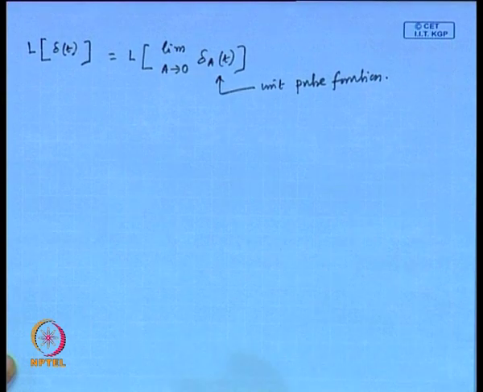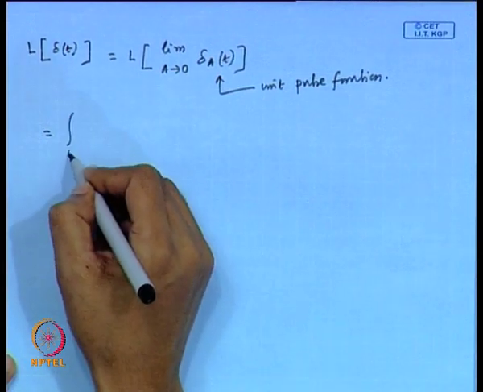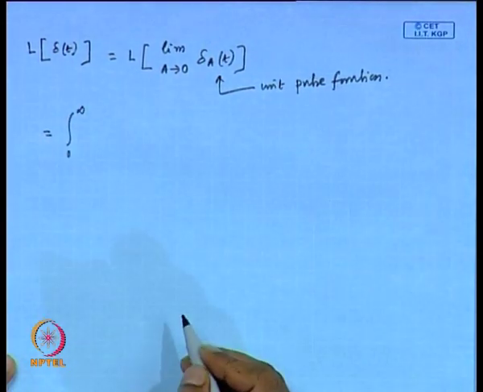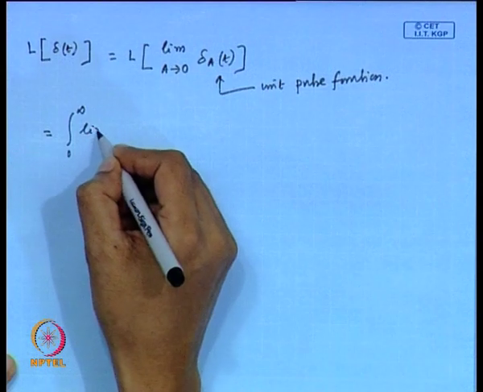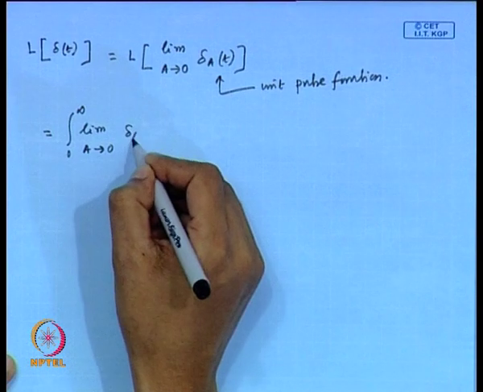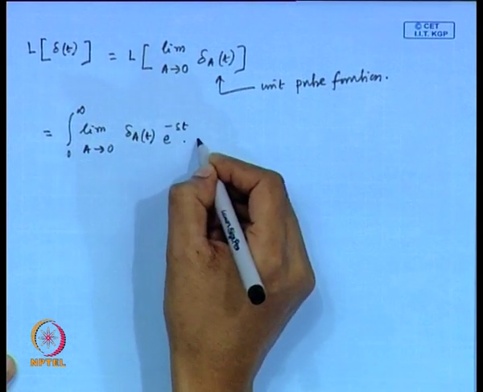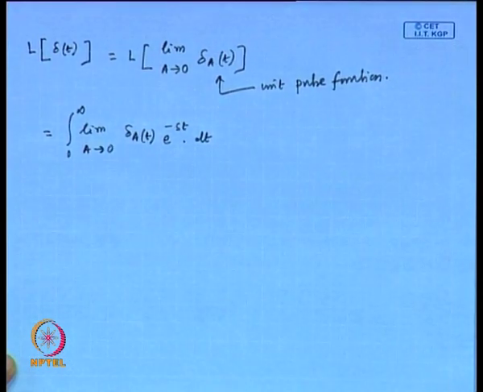That means the integral from 0 to infinity, limit a tends to 0, of del A(t) e to the power minus st dt.